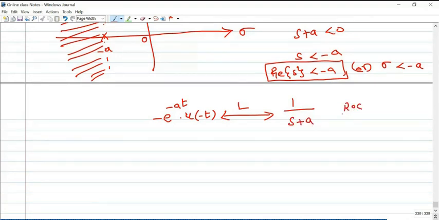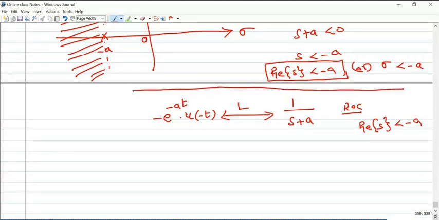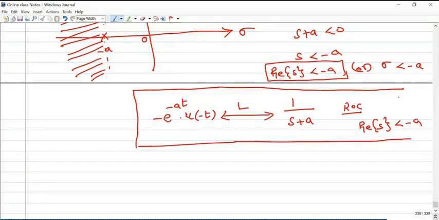If you find the Laplace transform, the result is 1 divided by s plus a, but the region of convergence is real part of s less than minus a. This relationship is very important for finding the inverse Laplace transform.